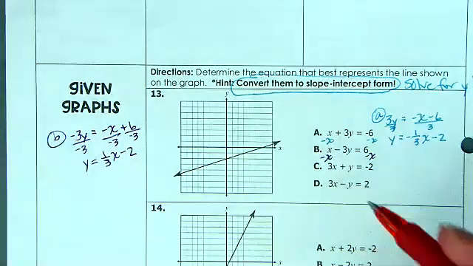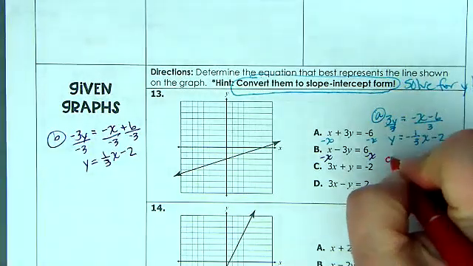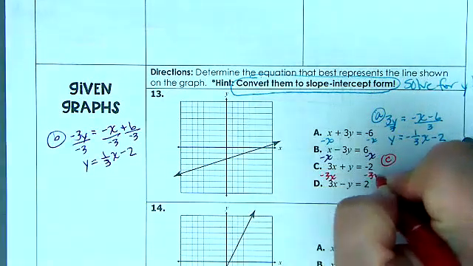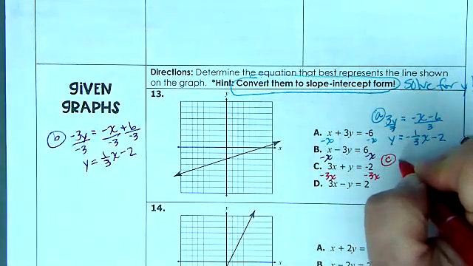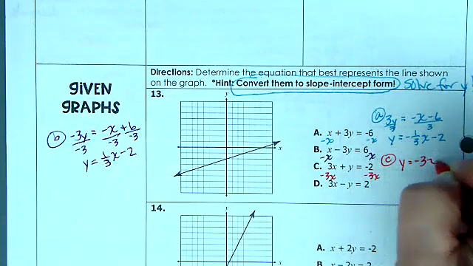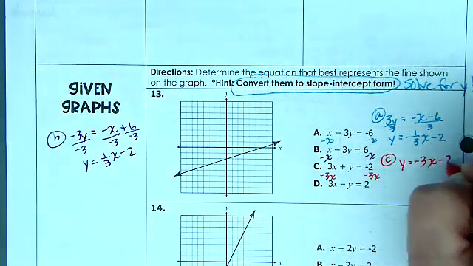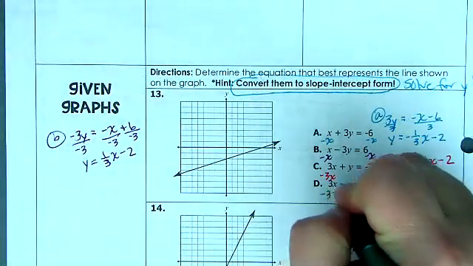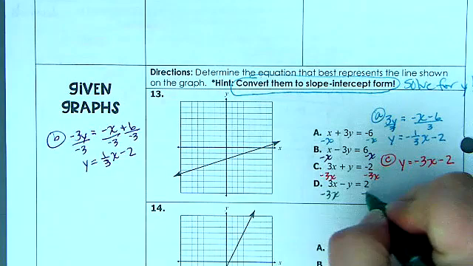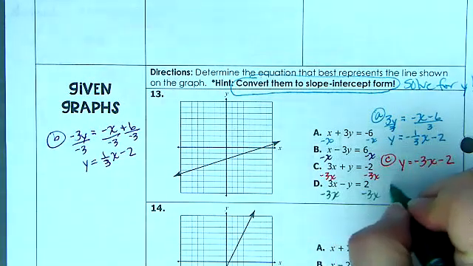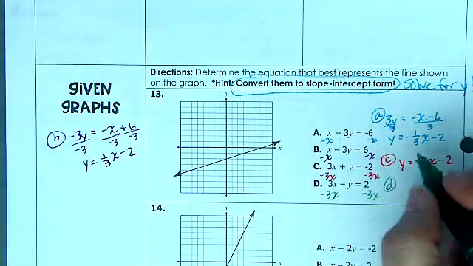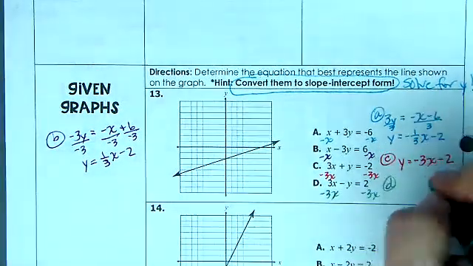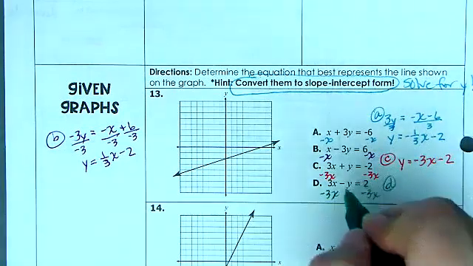And then we have C. So I'm going to subtract 3x, subtract 3x, and I end up with y equals negative 3x minus 2. This is D. And this is where it can be thrown.